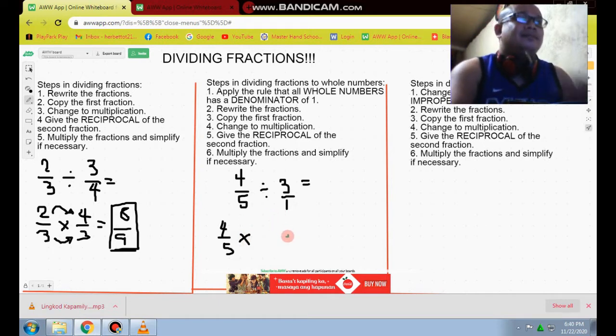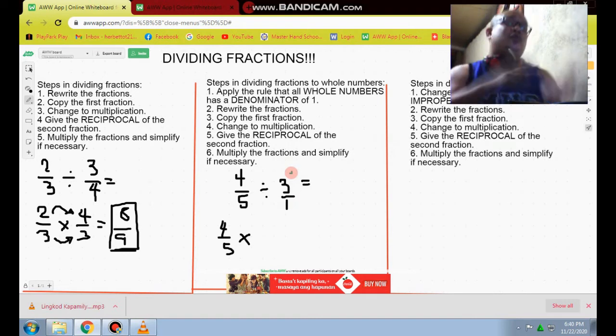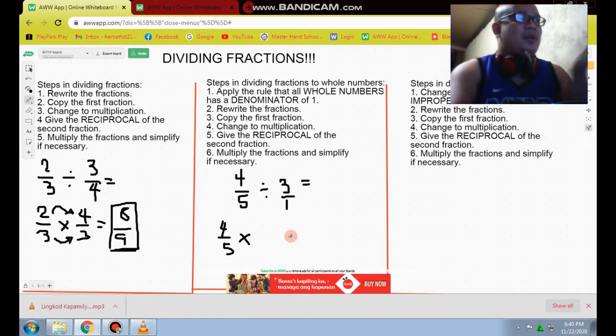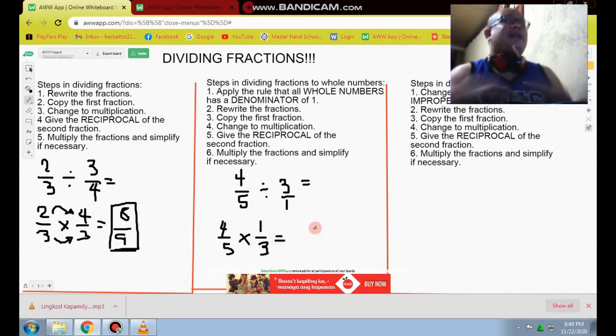Then give the reciprocal of the second fraction. So ito na yung second fraction natin, because yung whole number natin nilagyan na natin ang denominator na 1, so siya ay fraction na. So the reciprocal of 3/1 is 1/3. Alright? Okay, ayan. Then multiply the fractions again and simplify if necessary. Yun yung last natin na step.